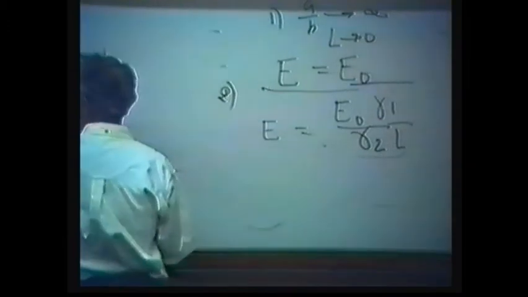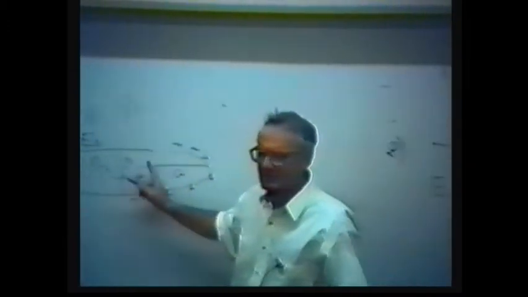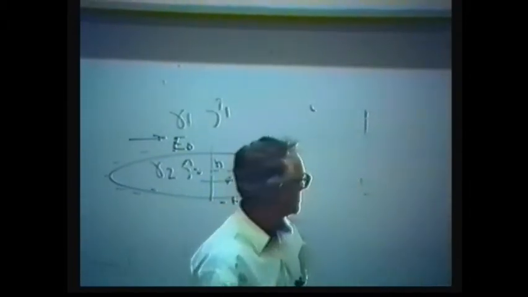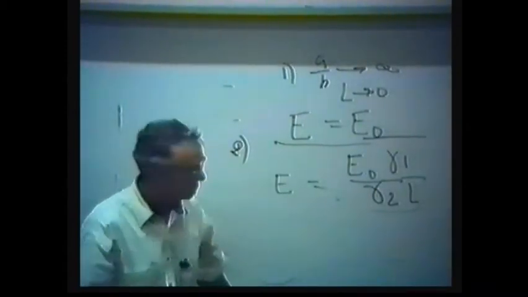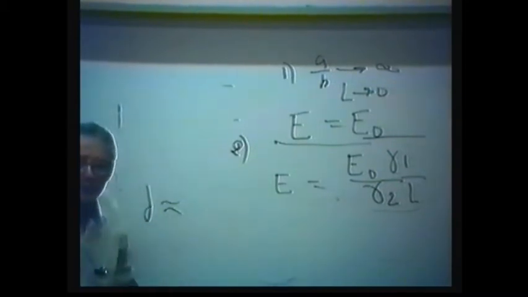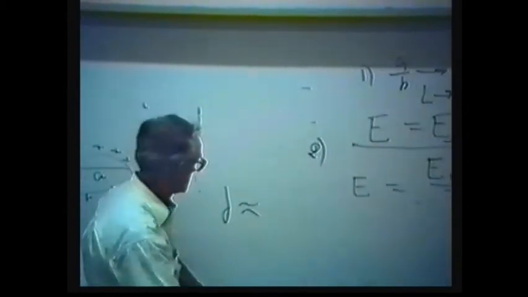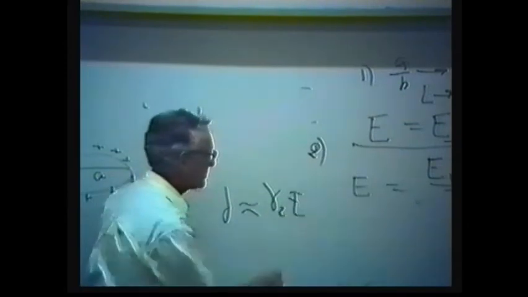Now I would like to ask you, let us find out the current inside. In this case, how to calculate the current density inside such a conductor? Current density will be equal to what? Gamma 2 times the electrical field.